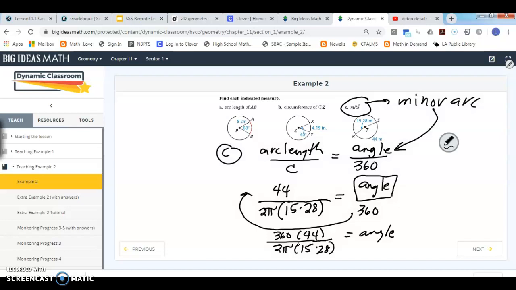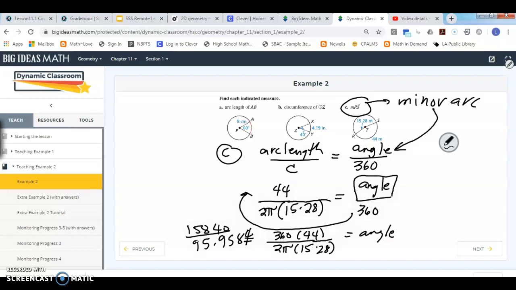So the numerator turns out to be 15840. Now the denominator is 2 times your pi, 3.14, times 15.28. So the denominator is 95.9584.